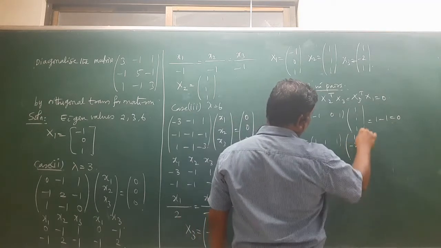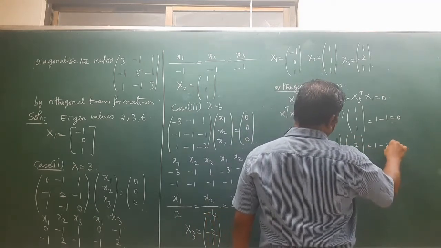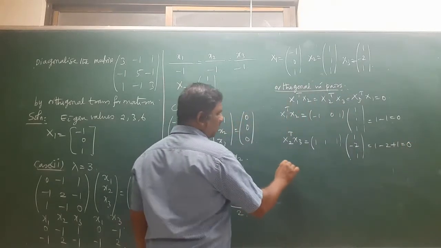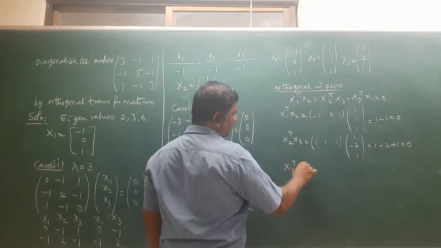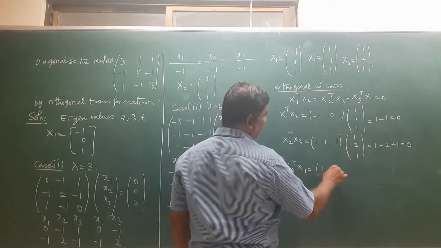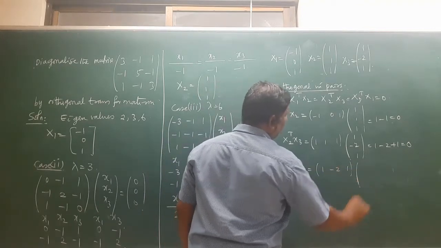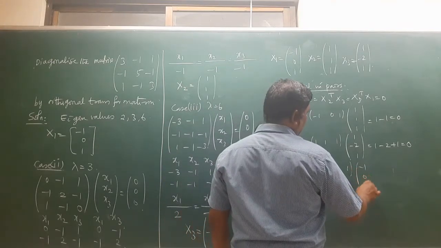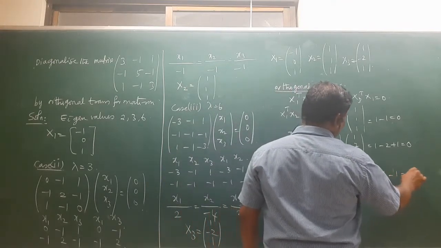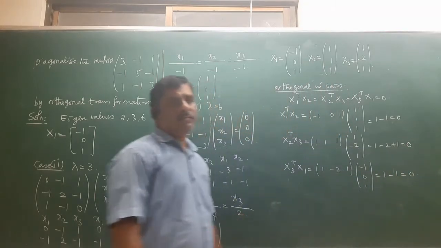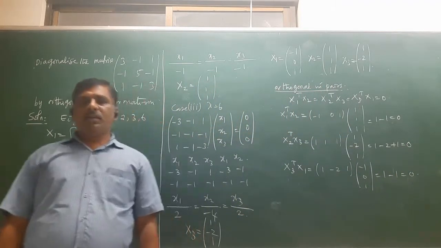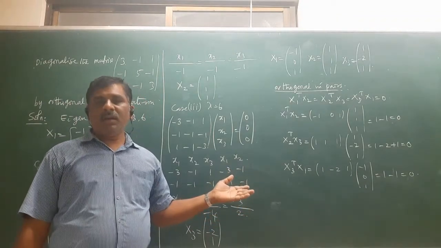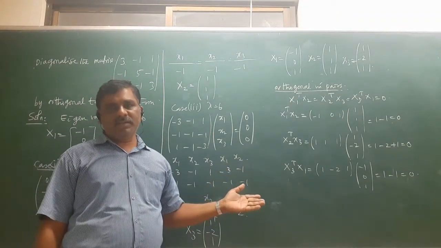That is 1 minus 2 plus 1 equal to 0. Then x3 transpose x1: x3 transpose is 1, minus 2, 1, then minus 1, 0, 1. That is equal to 0. Now we can prove that the eigenvectors are orthogonal in pairs.